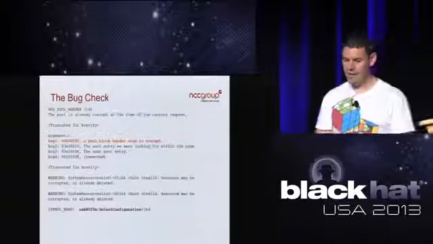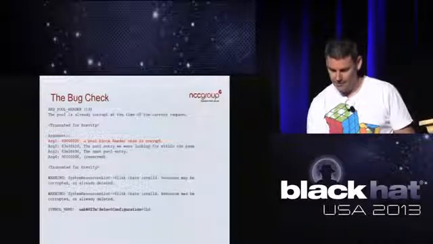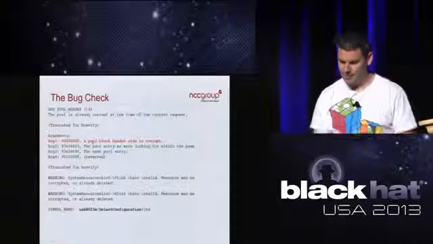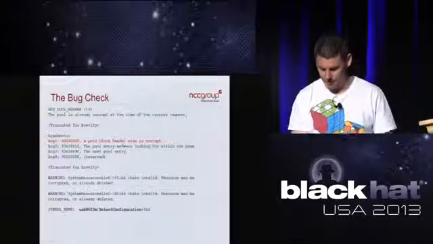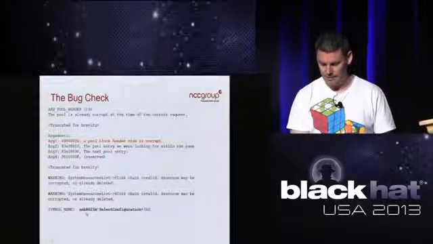So in the bug check, you can straight away see that it's pool related because you've got this "pool block header size is corrupt" message, which is nice and useful. And it tells us that it's within the function select configuration in that particular driver.